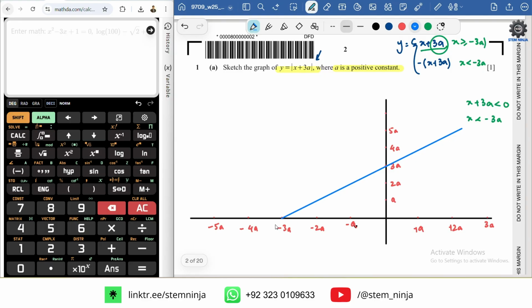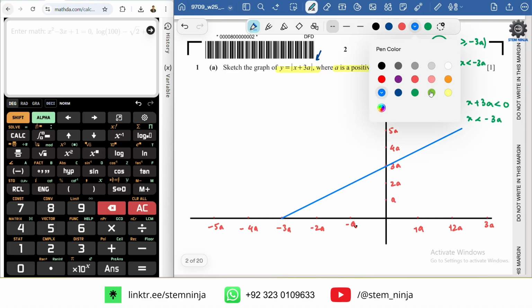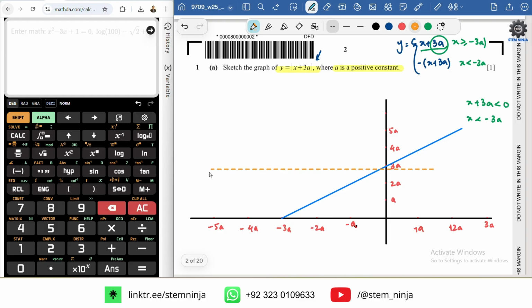Now, on the other side, the other part of the graph has to be symmetric. Let's use a different color.